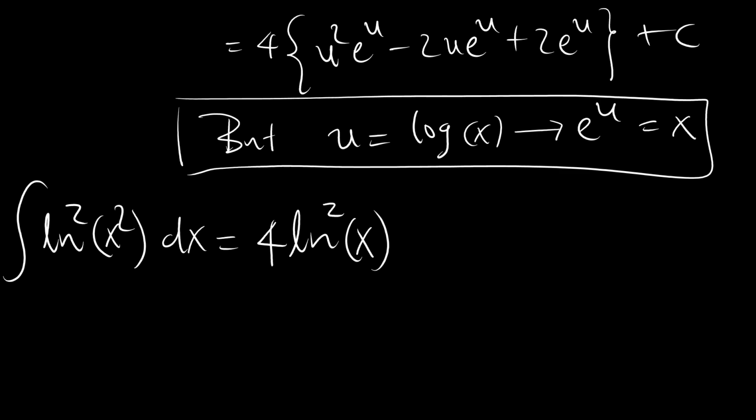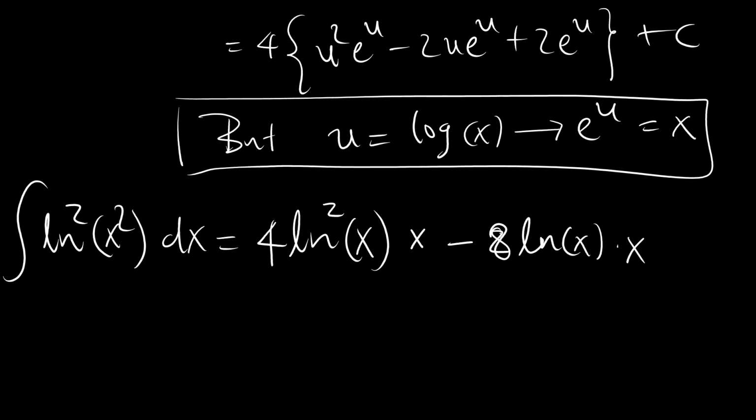Okay. x times x minus 2, and e to the u is x.